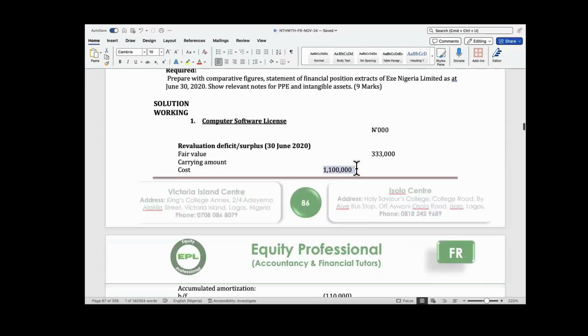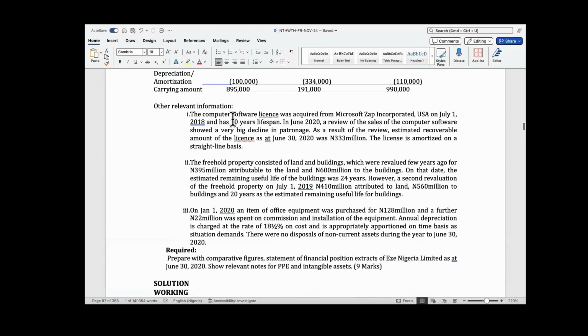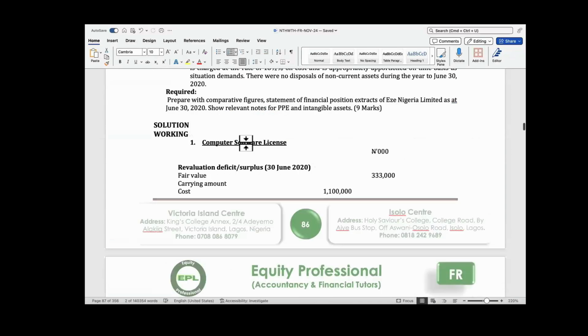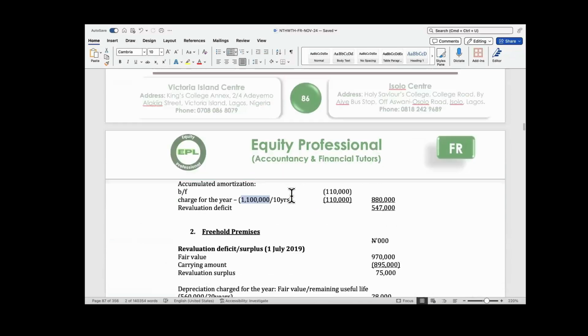I already know the cost, and the question told me the useful life. It told me that this asset has a 10 years lifespan, and that it's amortized on a straight line basis. So the depreciation for the year is just this divided by 10 years. Of course, I would expect the same amount every year, which is why this is the same as that of last year.